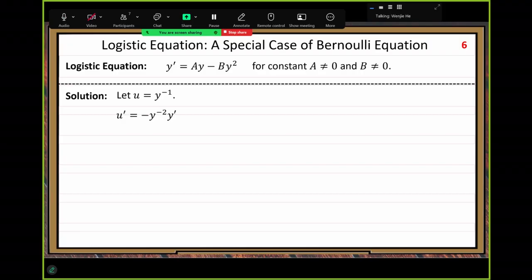Then you update the equation and get u prime plus capital A u equals capital B. Very simple, and this one is a separable ODE, so we can use the separable method to find its solution.